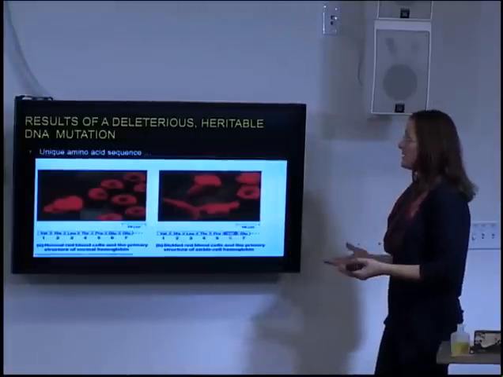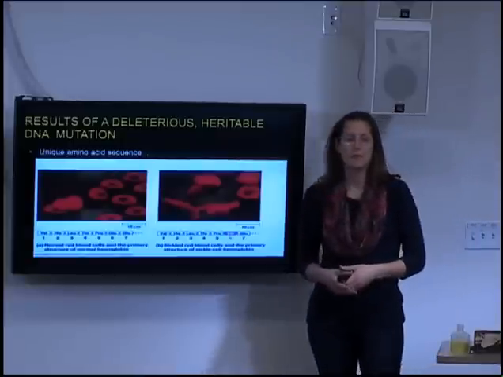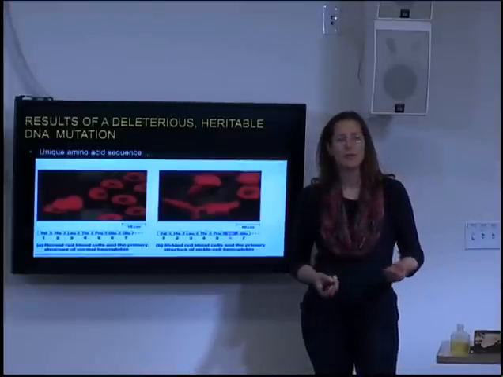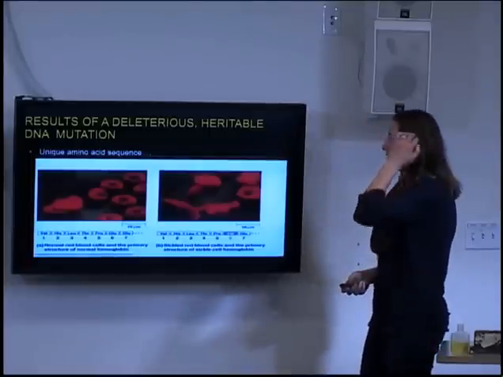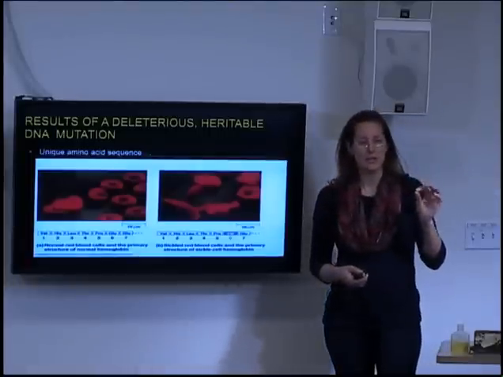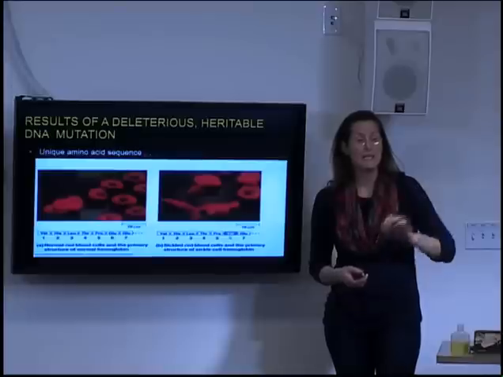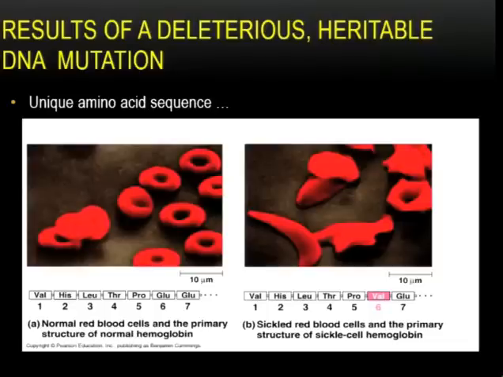And so an example of that is sickle cell disease. You may have heard it as sickle cell anemia. And what happens is there's a letter change, a nucleotide change in the DNA. And it leads to only one amino acid change in the whole entire chain. And that causes structural and functional differences.